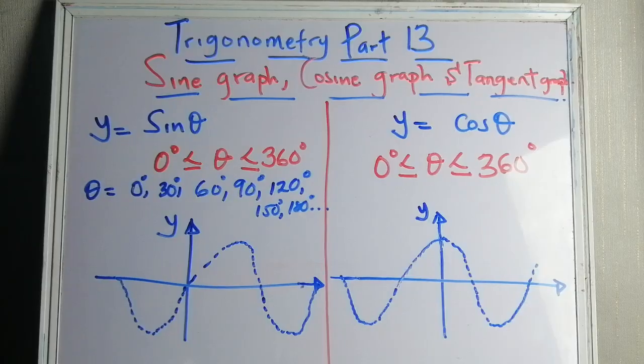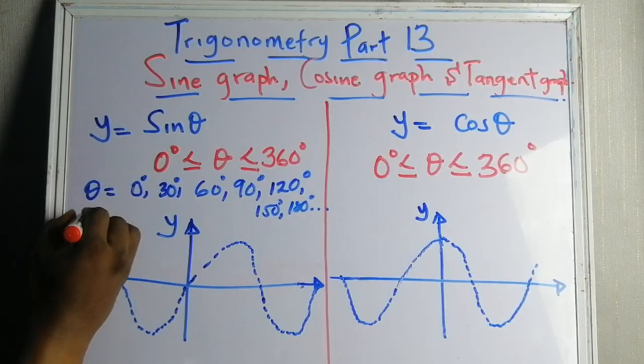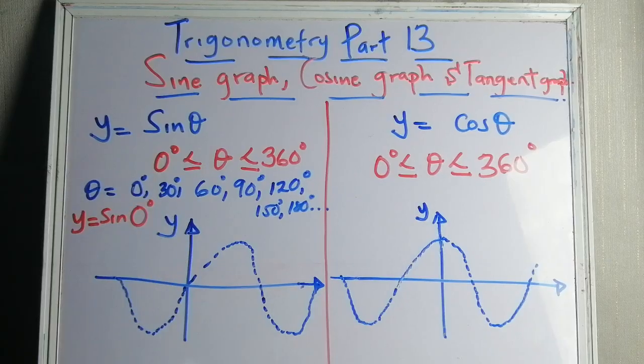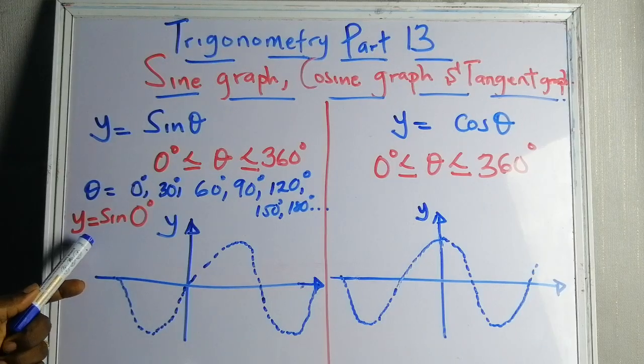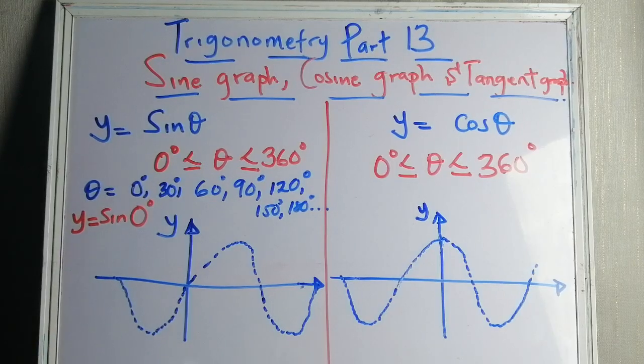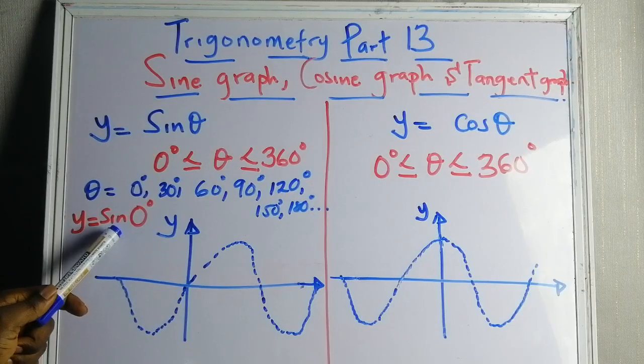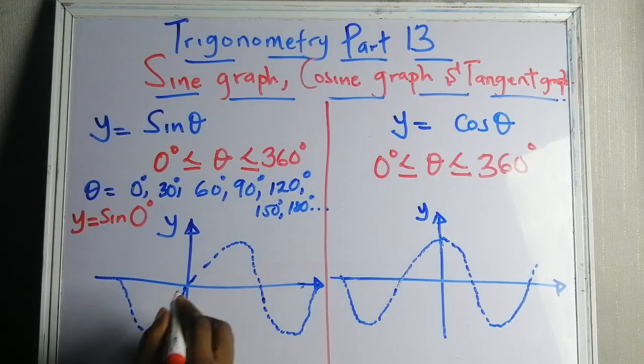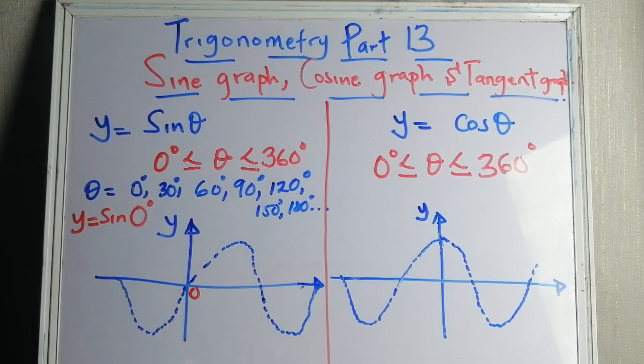So for the first one, y equals sine 0 degree. That's the first value. Then if I get my y, I already know what my x is going to be. If I put theta to be 0 degree, this place is already 0 degree.